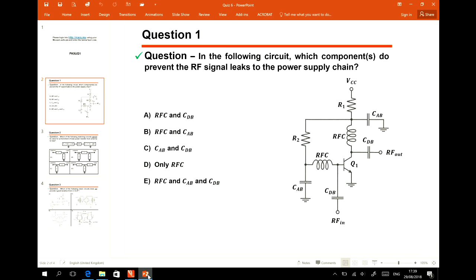So we have a single stage amplifier with few components. Which of these components are helping us to prevent the RF signal leak to the DC supply chain?